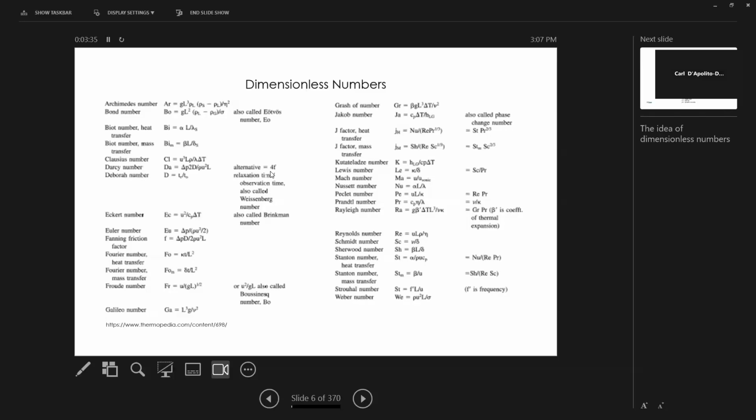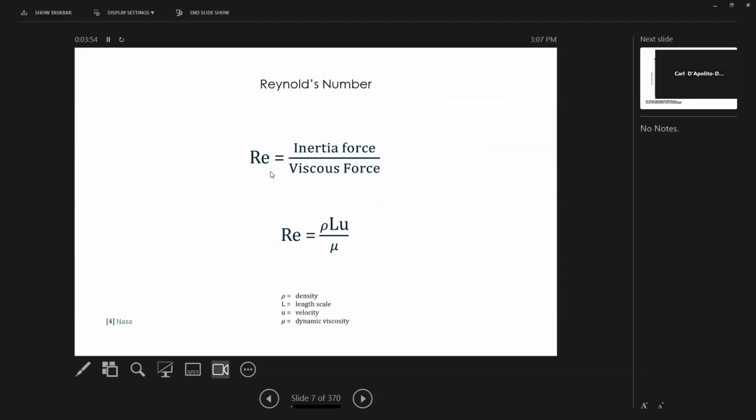And if it is, then it essentially doesn't have dimensions, it doesn't have scale. And you can use that to build a model. You build a model that keeps those parameters the same in the small model, and you can match those parameters to the big model. Then you can use a model to simulate flow.